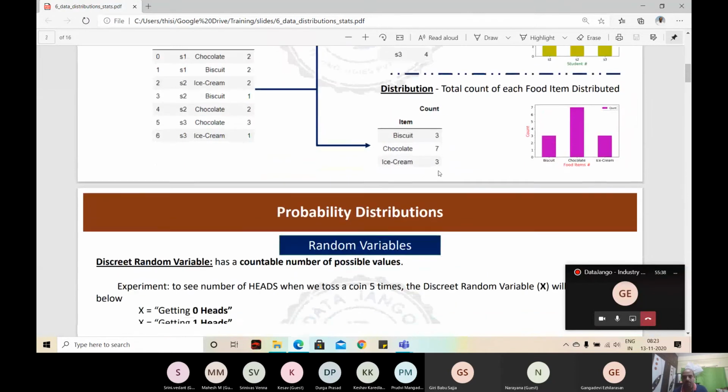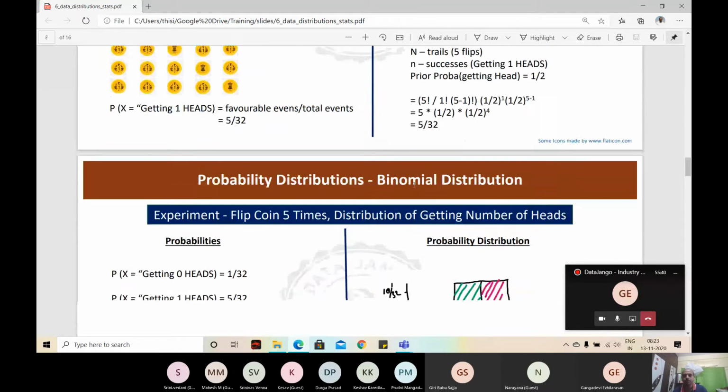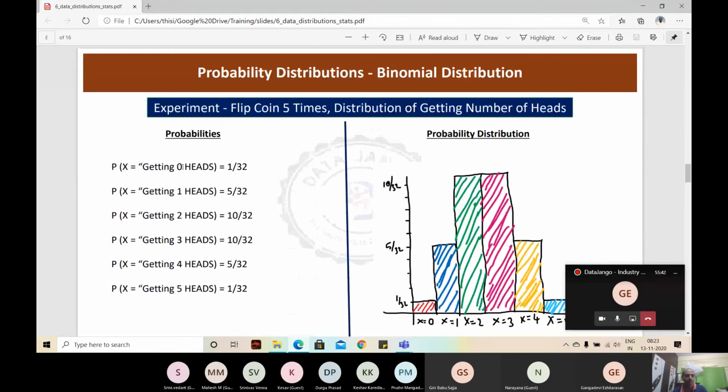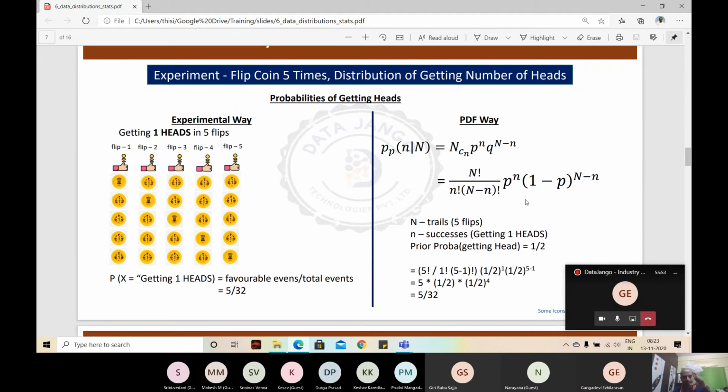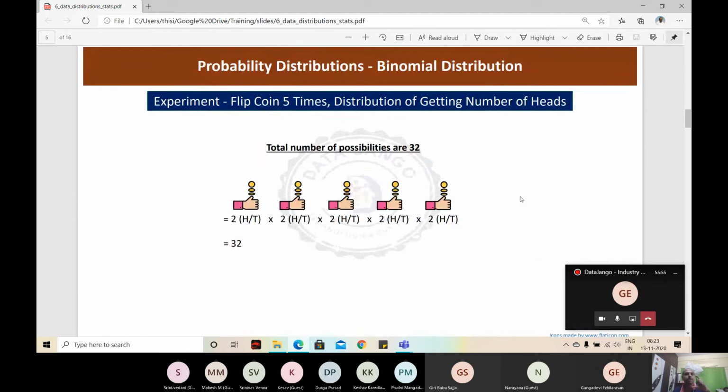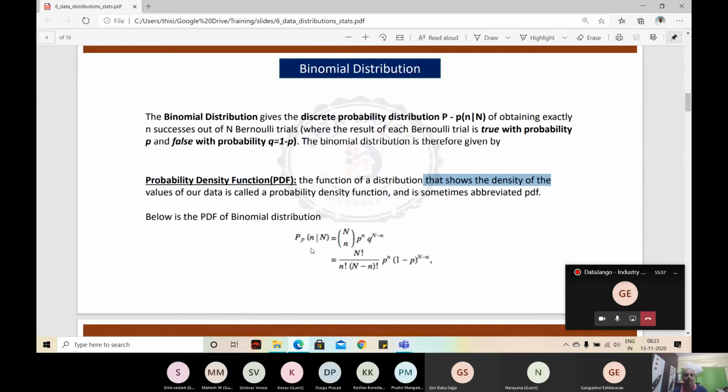This height, the bar height, when you put the values into the formula, that is what it gives. That bar height is the density. So that is called the probability density function, and it is also called the probability mass function.